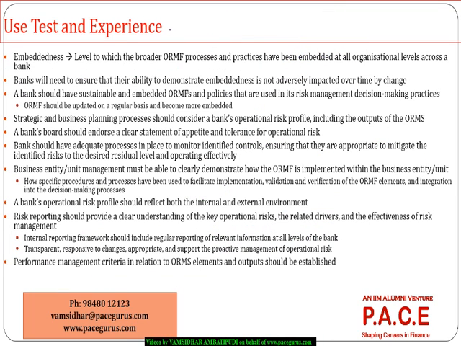Then comes the use test and the experience. Here we always use the word embeddedness. It is the level to which the operational risk management framework is embedded, whether it is framework, processes or practices, or whatever it is. So to what extent the various components of this framework have penetrated into the different layers of the organizational hierarchy in a bank.